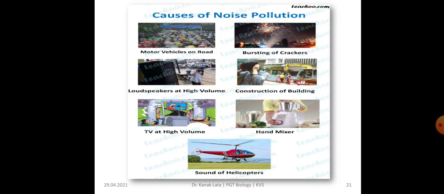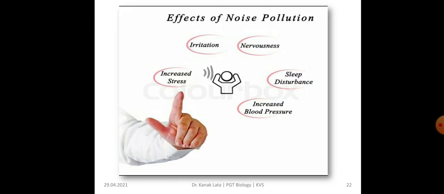This figure also indicates the different causes of noise pollution like motor vehicles on roads, burning of crackers, loudspeakers at high volumes, construction of buildings, TV at high volume, hand mixer and sound of helicopter. This figure visualizes the effects of noise pollution like irritation, nervousness, sleep disturbance, increased blood pressure and increased stress.